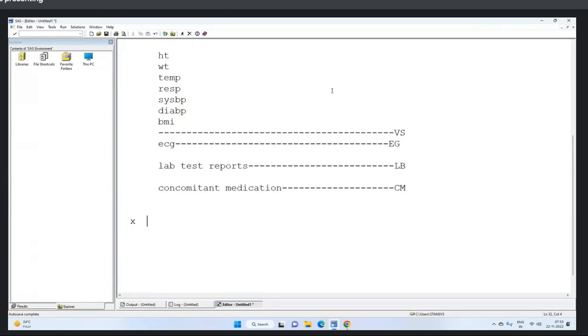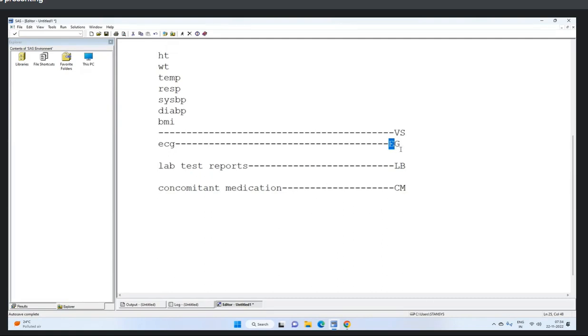He has some other problem, and for that he is taking the medication. That is also called concomitant or prior medication. That information also we are going to submit in a data set called CM. CM means concomitant medication. So in the clinical trial, whatever data we got, we are going to submit in the form of a few data sets.